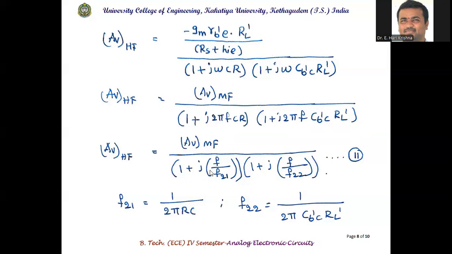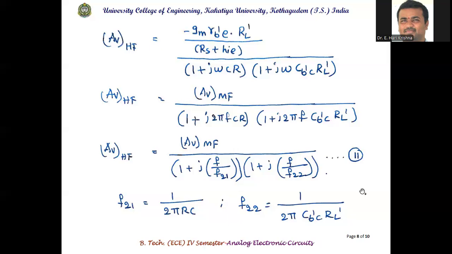Comparing with the equation of RC filters discussed in week 1 lecture 1, making the substitution, f21 is equal to 1 by 2 pi CR and f22 is equal to 1 by 2 pi CB'C RL'. This becomes the equation AV high frequency equals AV mid frequency divided by 1 plus j f by f21 multiplied by 1 plus j f by f22.